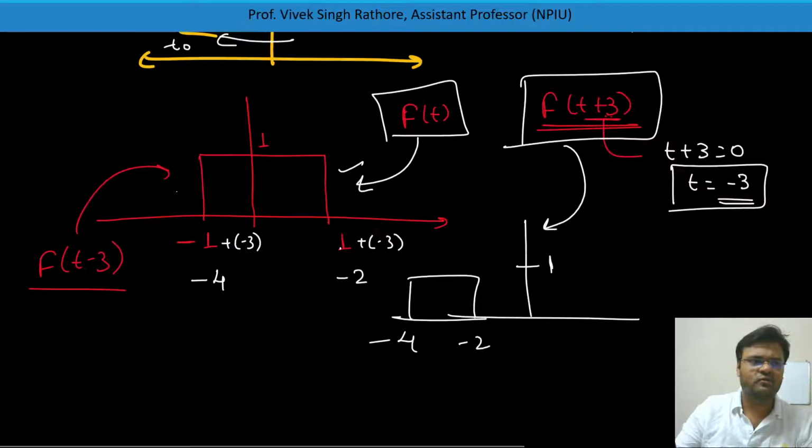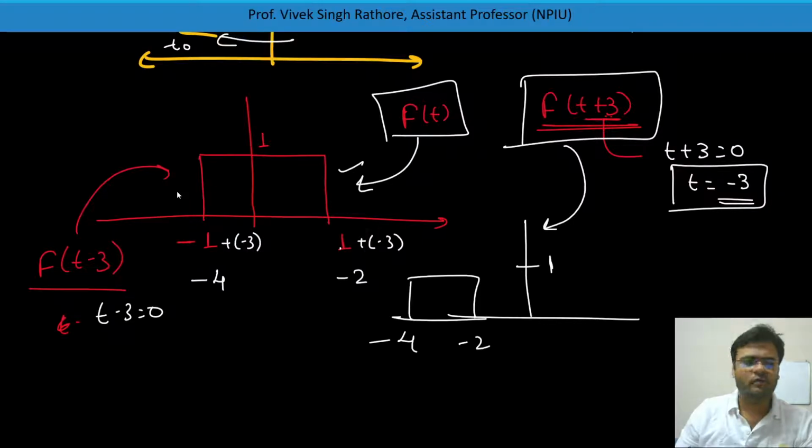Now if anyone says you need to do f(t minus 3) of the same signal, you equate t minus 3 with 0 and get t equal to plus 3. Just add whatever value comes here: minus 1 plus 3 is 2, and 1 plus 3 is 4.